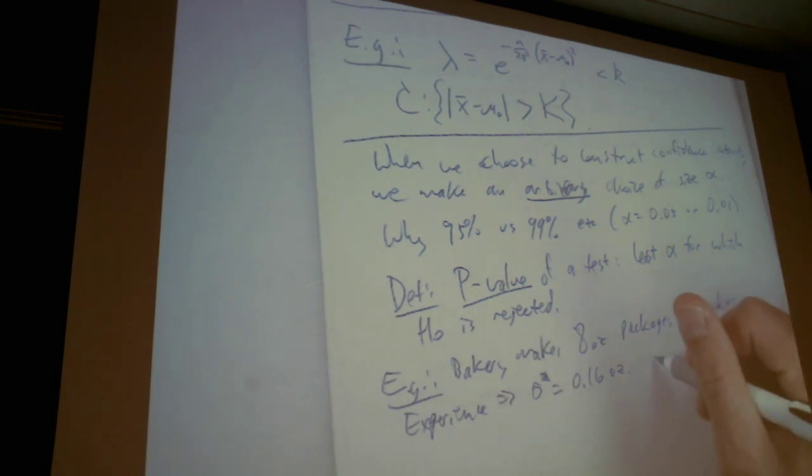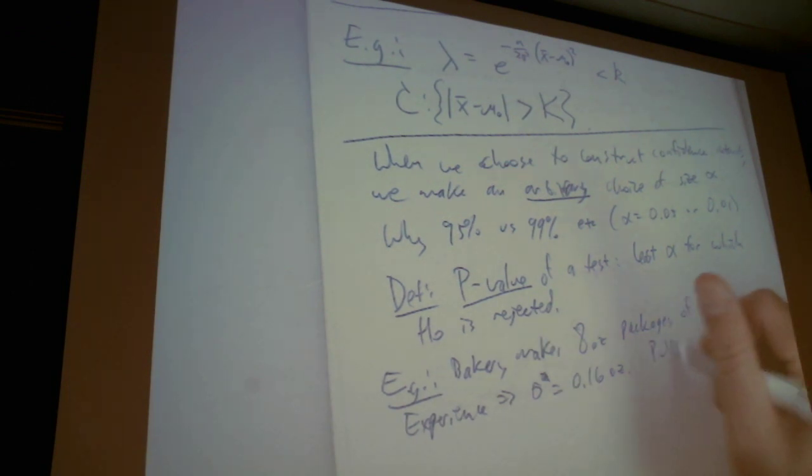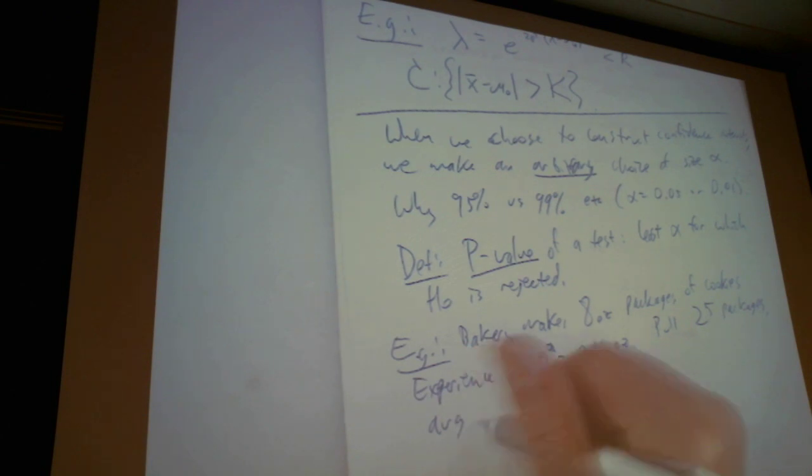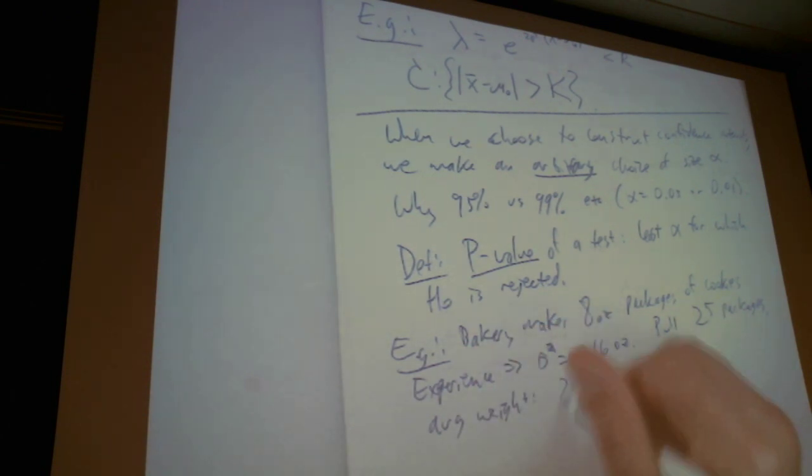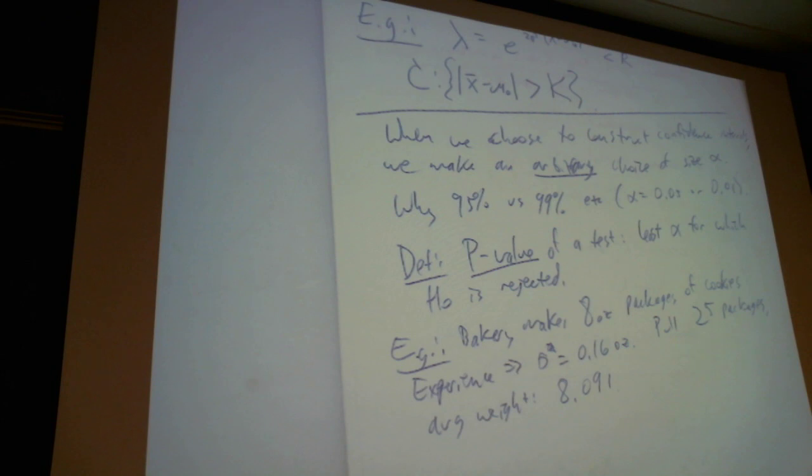So you pull 25 packages off the line, and you weigh them, and the average weight comes out to 8.091. The question is, it's a little high. How high is it? Is it something we should be concerned about, and should we go back to the machinery and see what's going on, or is this completely within the realm of chance?